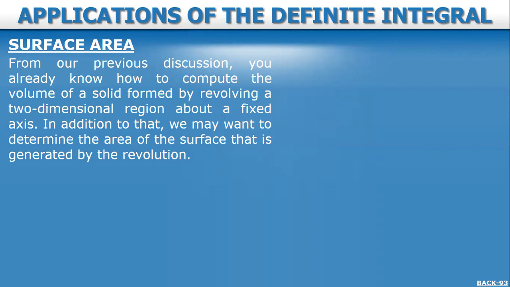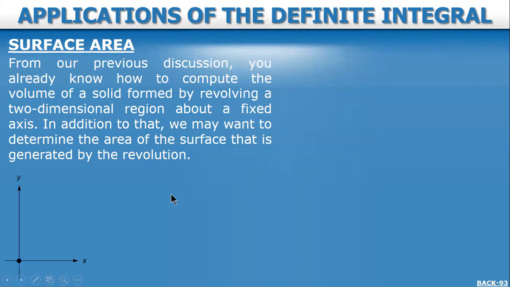In addition to that, we may also want to determine the area of the surface that is generated by the revolution. So aside from the volume of the solid, we may be interested in determining the area of the surface of the solid of revolution.